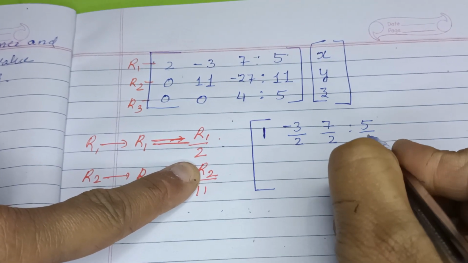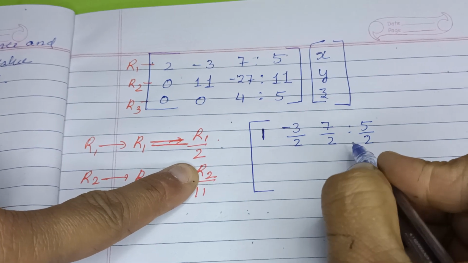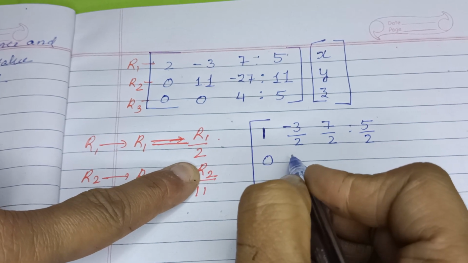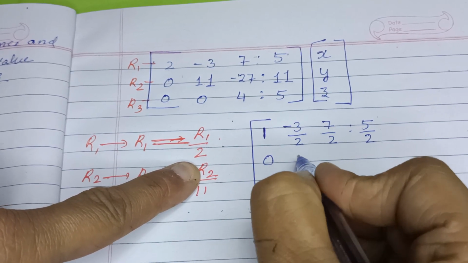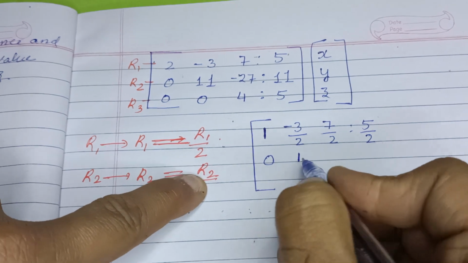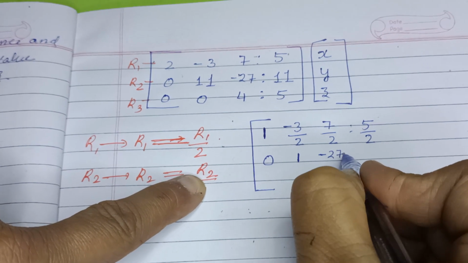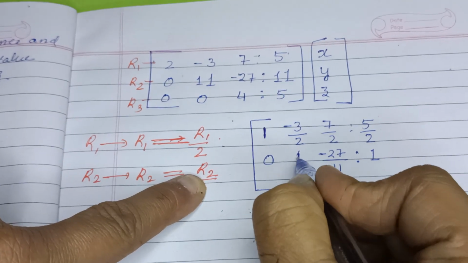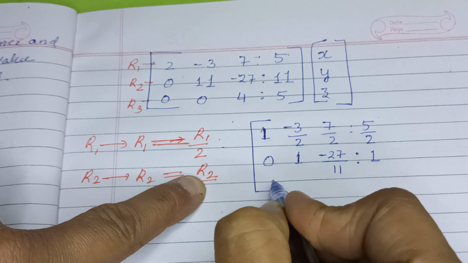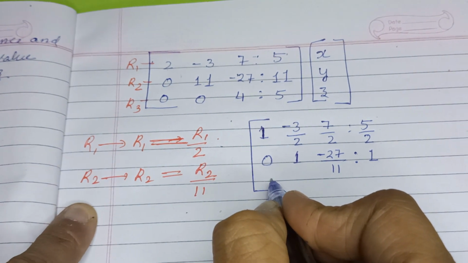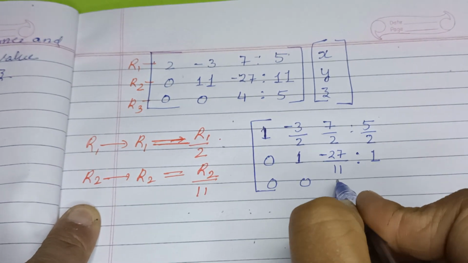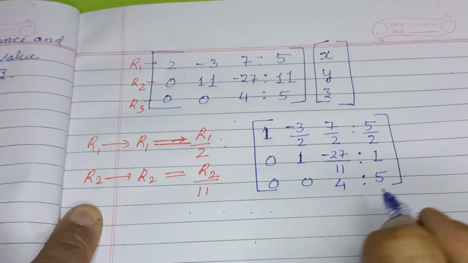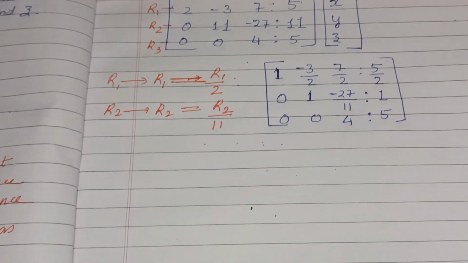Then the second one: I get here 0, then 1 because I divided by 11, so here minus 27 by 11, and then here 1 again. The third row I haven't changed, so I keep the same for the remaining equation. So this is what I got.